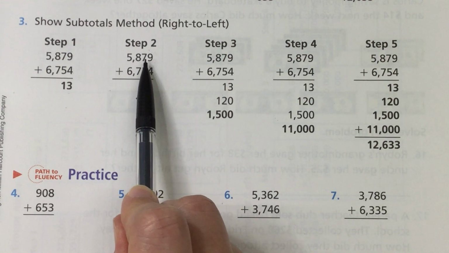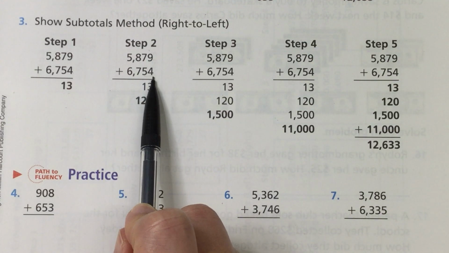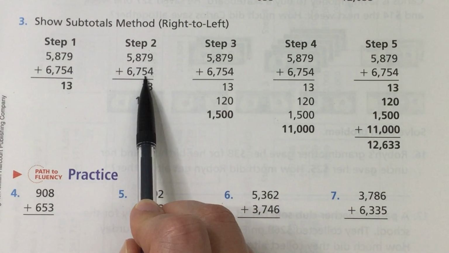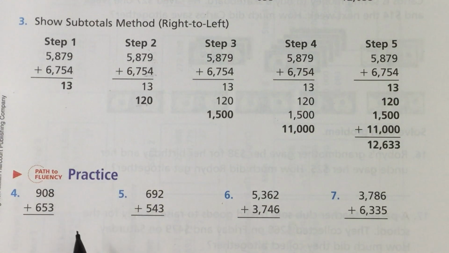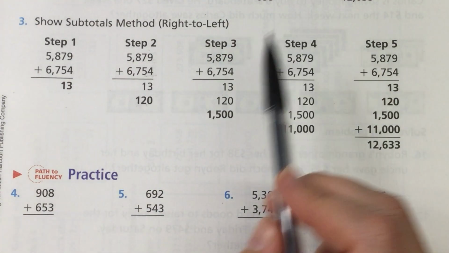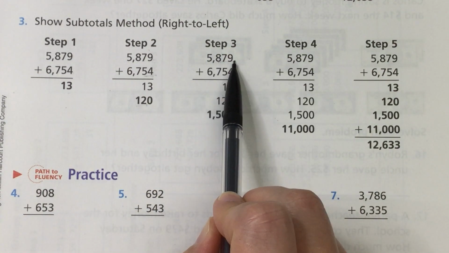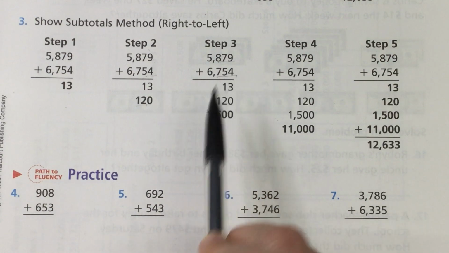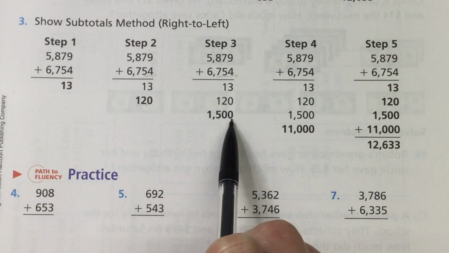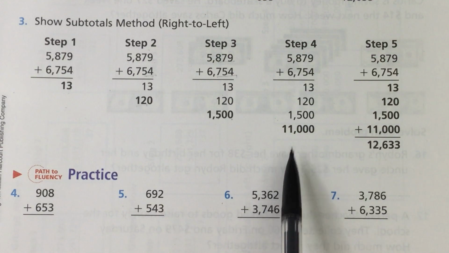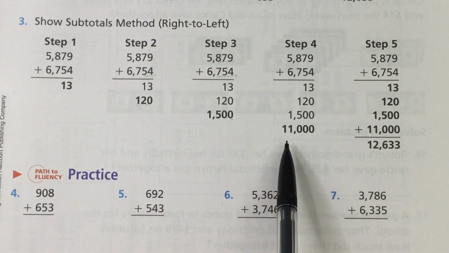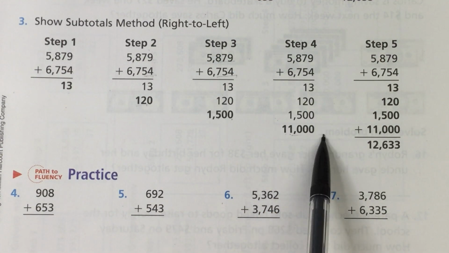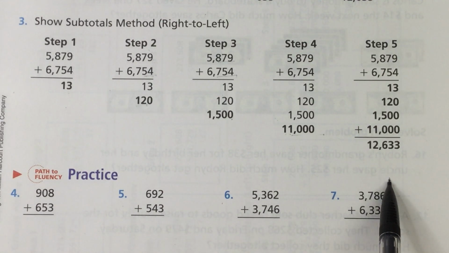They're worth 70 and 50. That's their value. So 70 plus 50 is 120, and they wrote that underneath the 13. And then moving to the hundreds place, 800 plus 700 equals 1,500. Moving to the thousands place, 5,000 plus 6,000 equals 11,000. And then you add those all up.